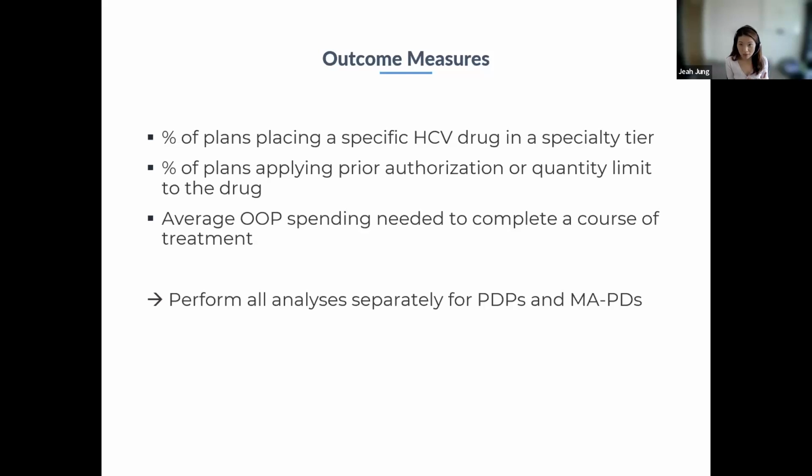We looked yesterday, these drugs require 12 weeks of treatment. So then you can calculate how much a patient should pay in total to complete their course of treatment. So I wanted to look at these aspects, and I performed all the analysis separately for PDPs and MAPDs.